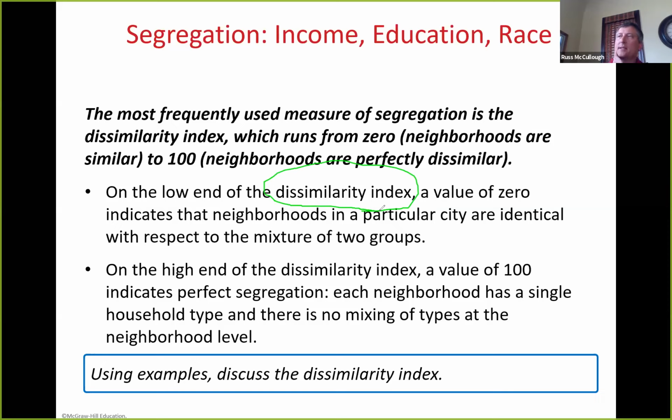So for instance, let's say that 20% of the people in the population are living on less than $40,000 a year. So in a given city, let's take Ottawa, we have 20% of people living on less than $40,000 a year.